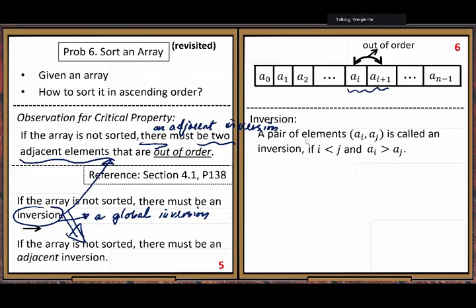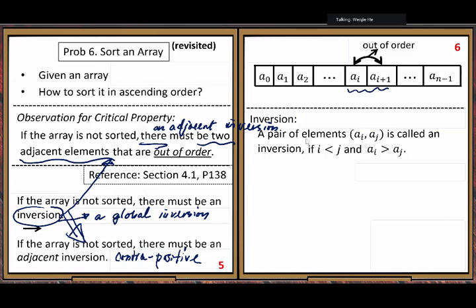Why? One way to see it is that people use the contrapositive method.